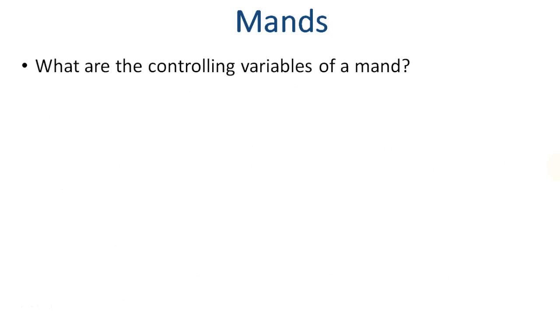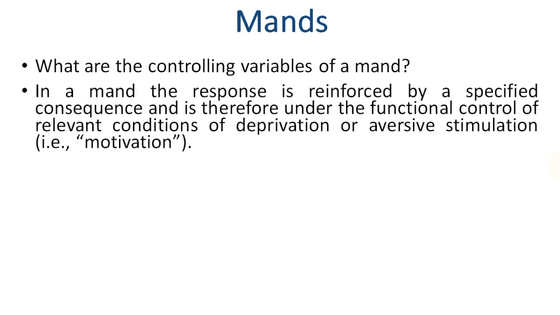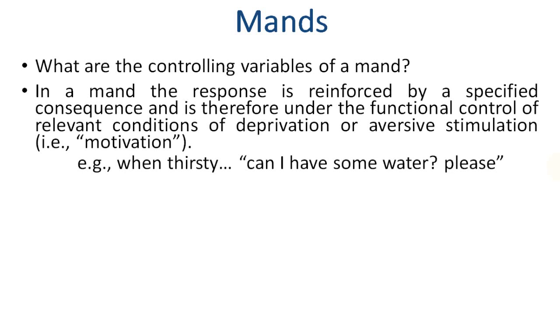So what are the controlling variables of a mand? In a mand, the response is reinforced by a specified consequence and is therefore under the functional control of relevant conditions of deprivation or aversive stimulation. So deprivation, for example, would be the technical definition of motivation in this context. So when we are thirsty, for example, we would respond to that condition by asking, "Can I have some water, please?"